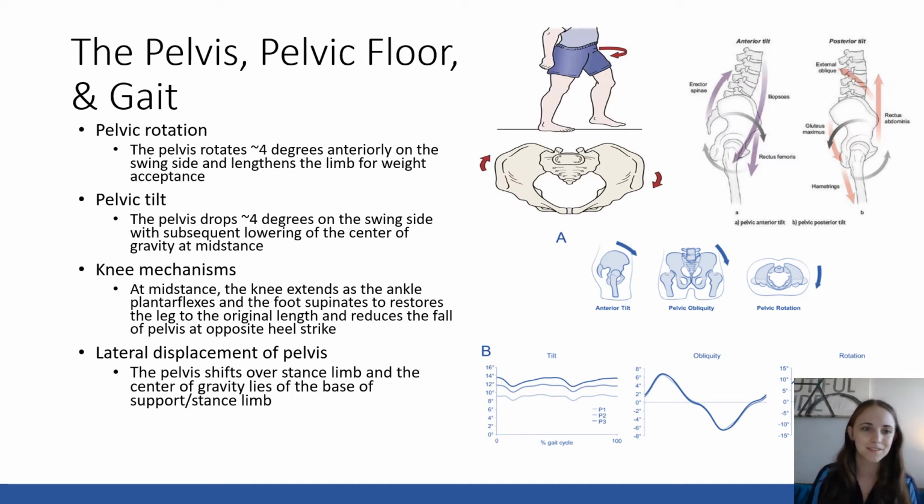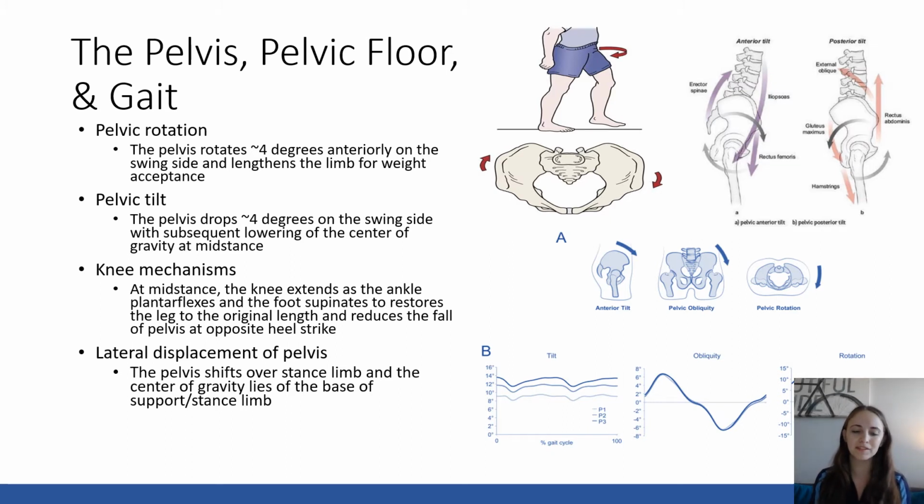Who would have guessed? And then we also have some lateral displacement of the pelvis. The pelvis shifts over the stance limb, and the center of gravity lies on the base of support of the stance limb. So all of our muscles are working together during gait, which is why it's no surprise that pelvic floor plays a role.